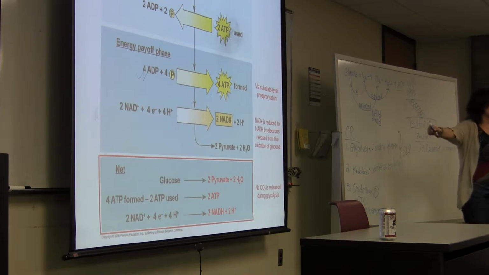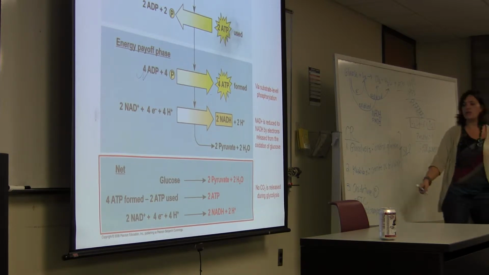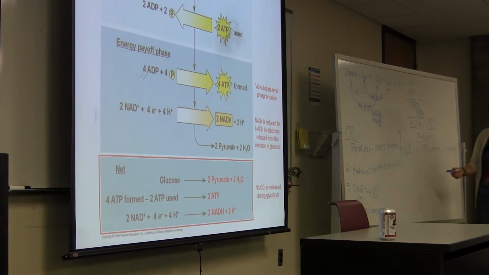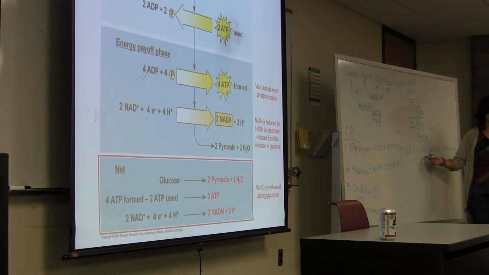So in glycolysis, you're starting with glucose, right? And then after glycolysis has occurred, you're going to end up with 2 molecules of ATP that we created using this substrate level phosphorylation. You're also going to load up 2 of these electron carriers, because the whole point of glycolysis is to start removing those electrons.